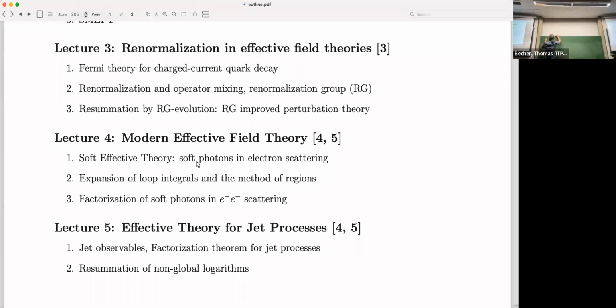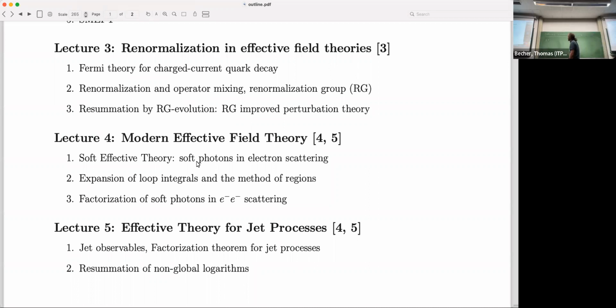So, effective quantum field theory. This is often abbreviated as EFT, effective field theory.